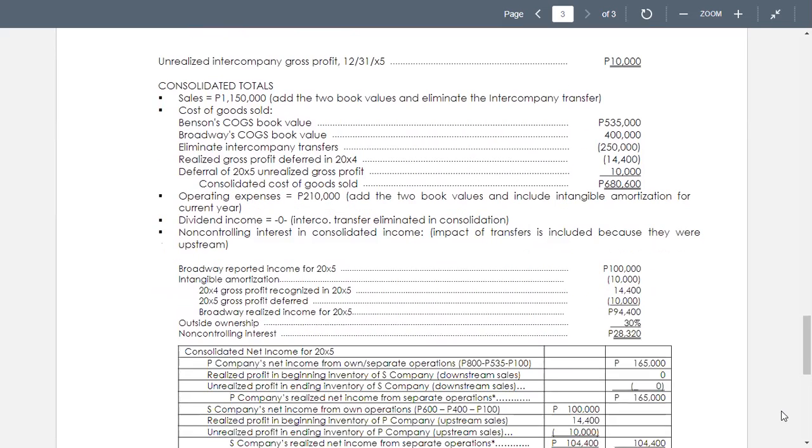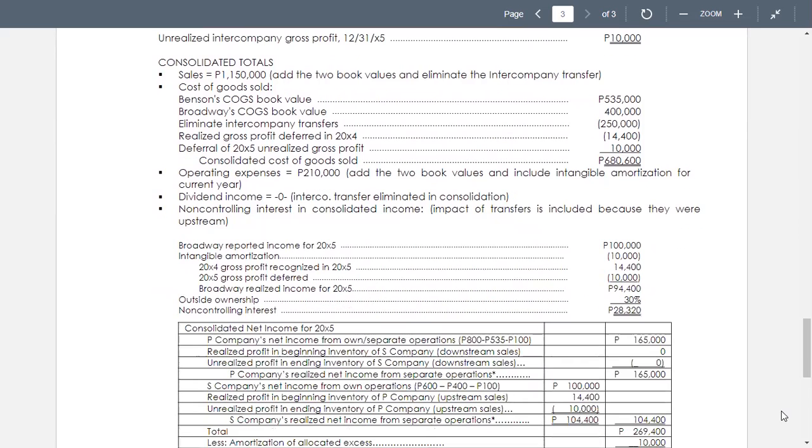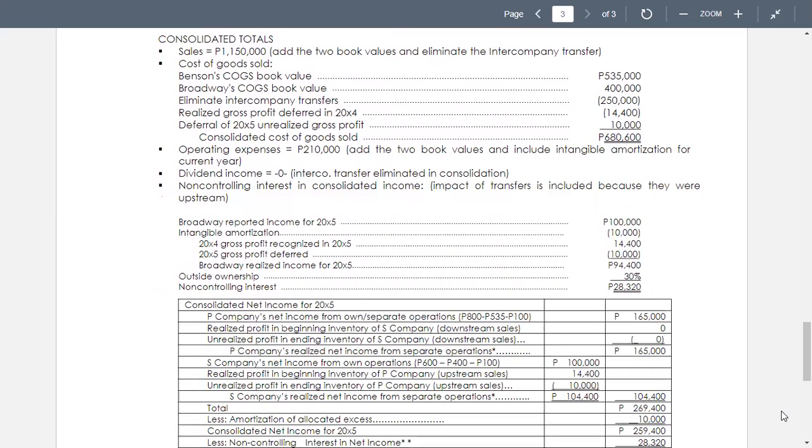Now we go to the consolidated net income. P company is 165,000. Then for company B, 104,400 after adding 100,000 and 410,000.